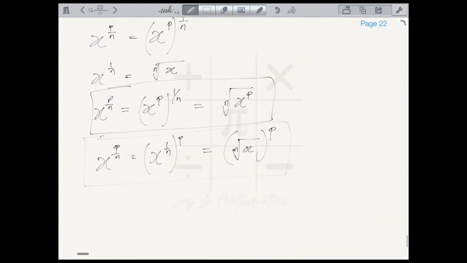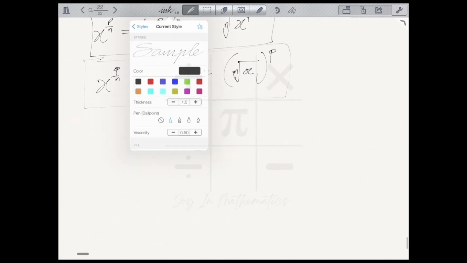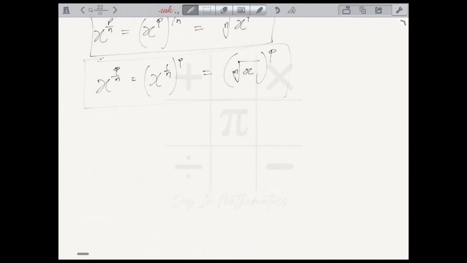So we can come to a general conclusion: a raised to the power of x over y is equal to the yth root of a raised to the power x, which is also the same thing as the yth root of a, all raised to the power of x.